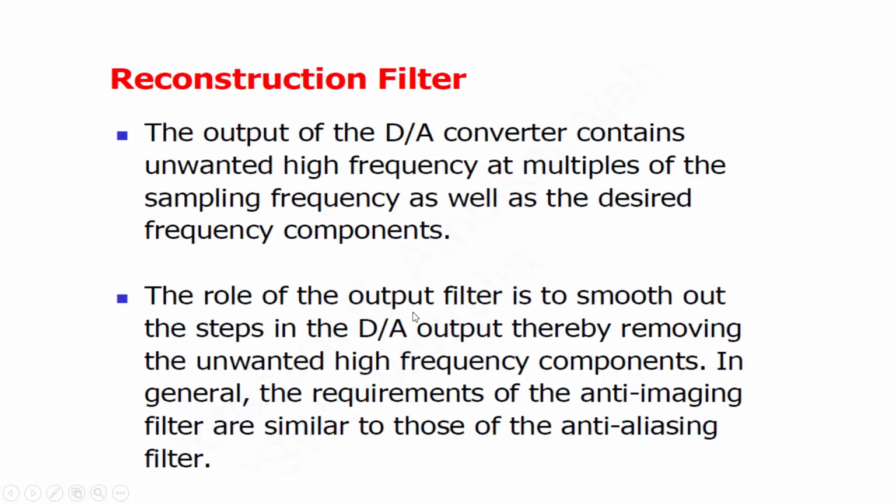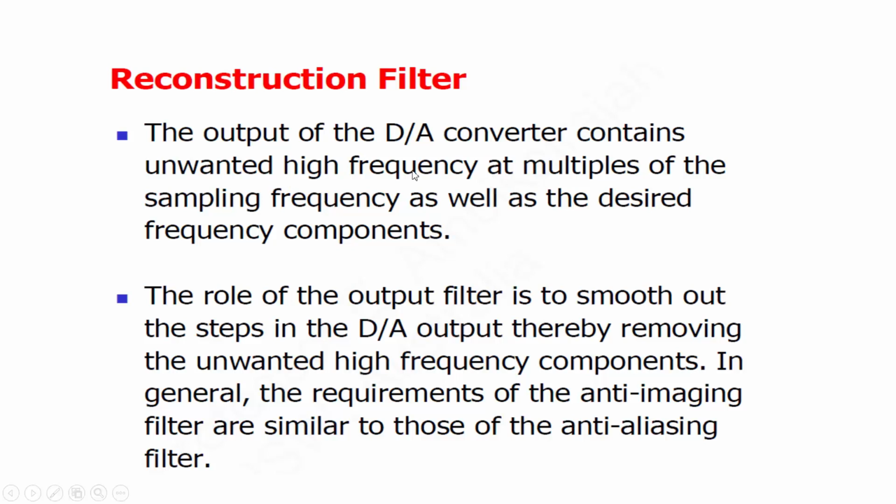Now the role of the output filter is to smooth out the steps in the D2A output, thereby removing the unwanted high frequency components. In general, the requirements of the anti-imaging filter are similar. So the reconstruction filter is actually known as the anti-imaging filter. We will discuss this anti-imaging filter and anti-aliasing when we discuss multi-rate signal processing in detail.